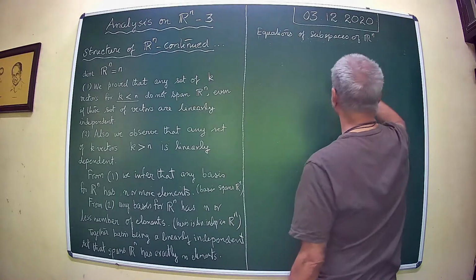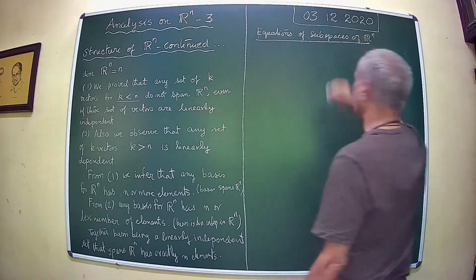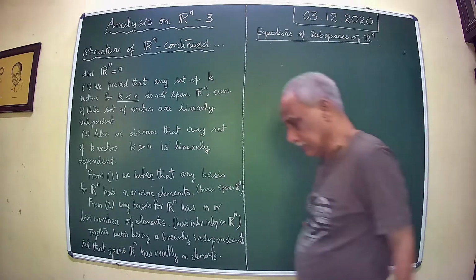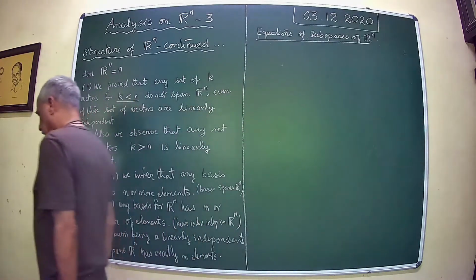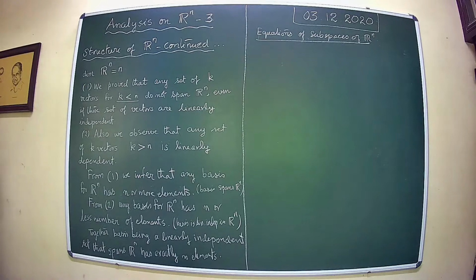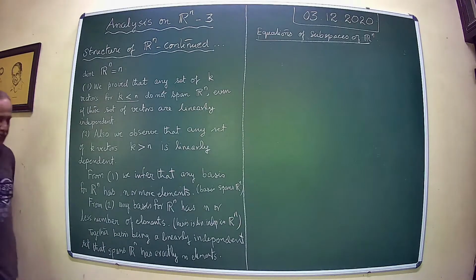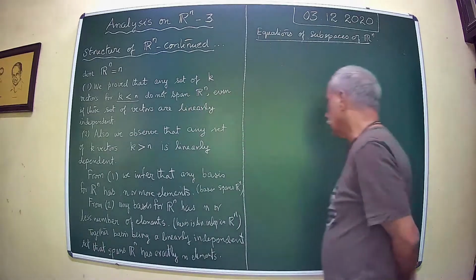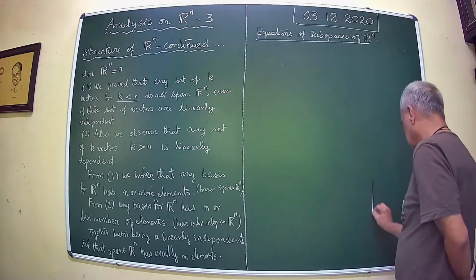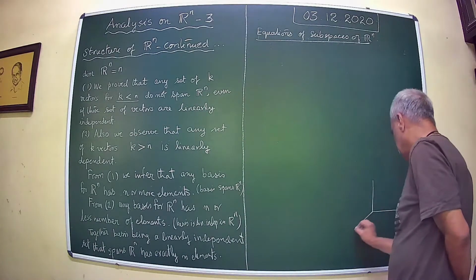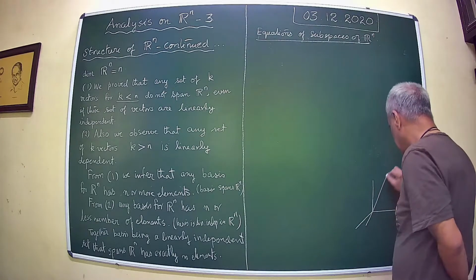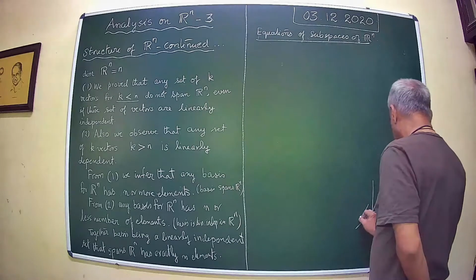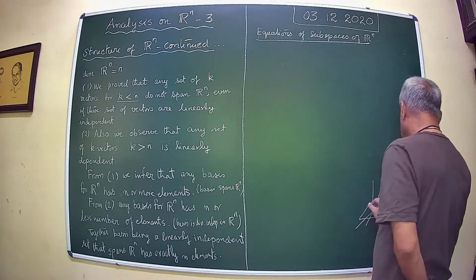You recall, in the case of R3, we said the subspaces are lines through the origin and planes through the origin. This is a line, and then of course you have planes through the origin.